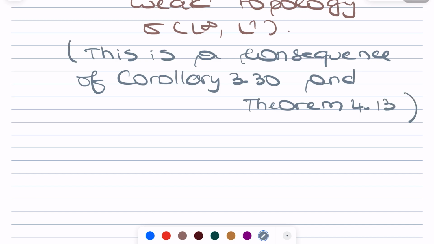Corollary 3.13 stated that if I have a separable Banach space and a bounded sequence in the dual space, then there is a subsequence that converges weak star to some f. And theorem 4.13 stated that if omega is separable, then L^p is separable for every p between 1 and plus infinity, p included, of course.